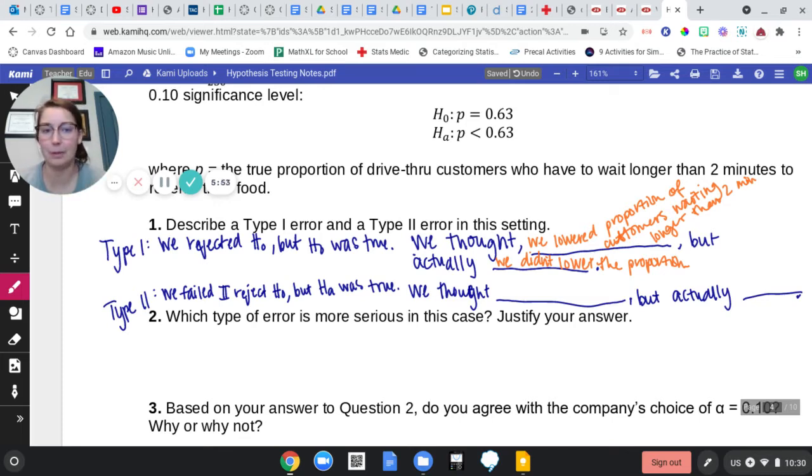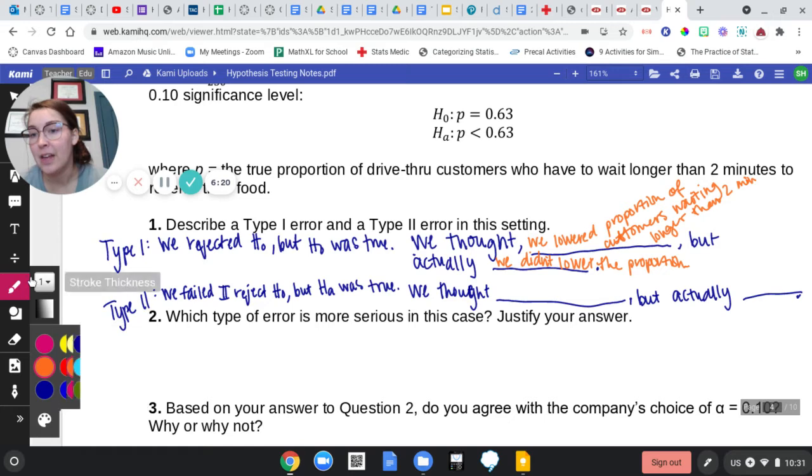But I like to simplify it a little bit since we don't have that AP exam that we're going for. So if we failed to reject the null, that means that we thought the null, but actually the alternative is the truth. So we thought that we didn't make a difference. We thought we didn't lower the proportion, but actually we did.